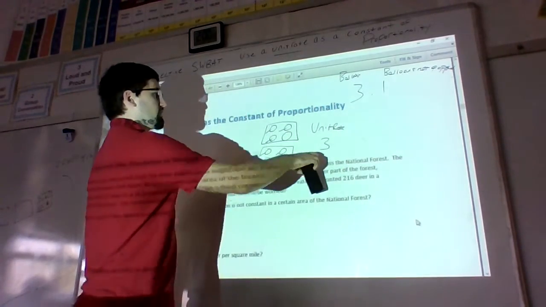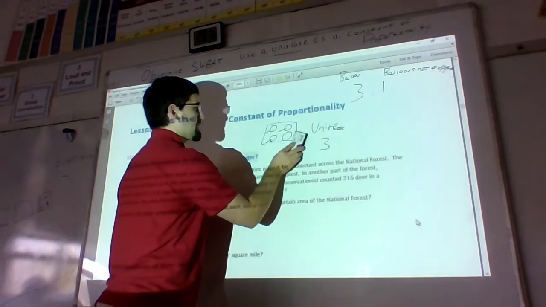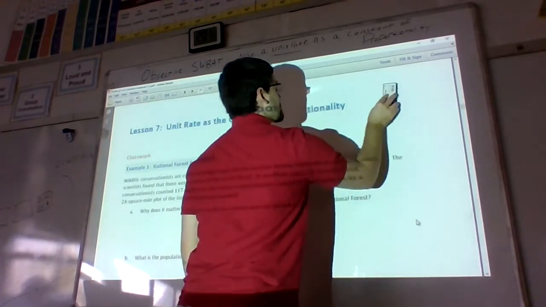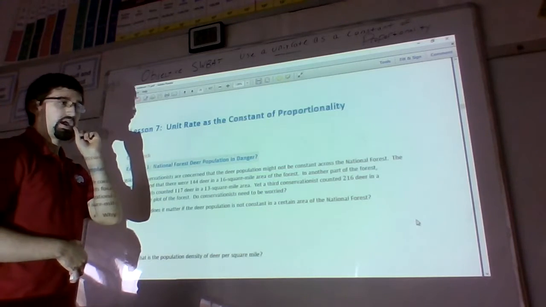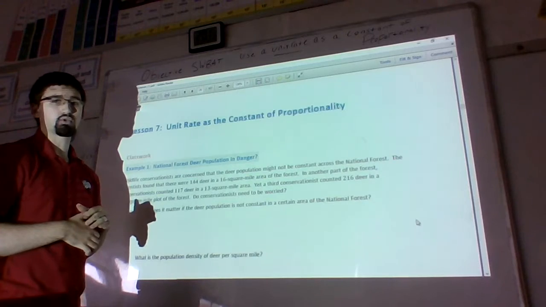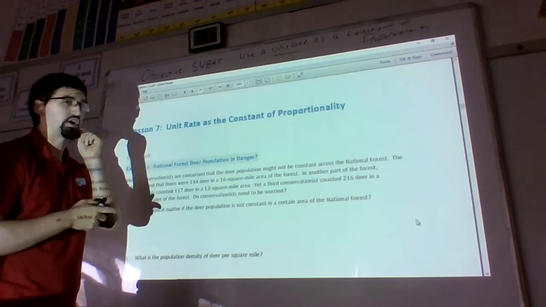That unit rate of 3, we're going to take one step further in this lesson and use as a constant of proportionality. That basically means the number of popped balloons is always going to be 3 times greater than the number of not popped balloons, which we saw in that ratio.